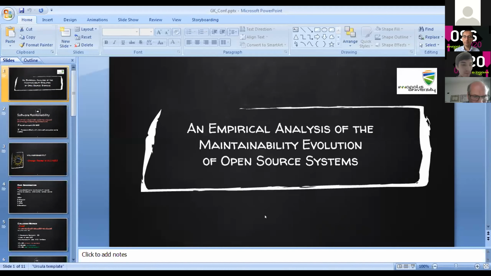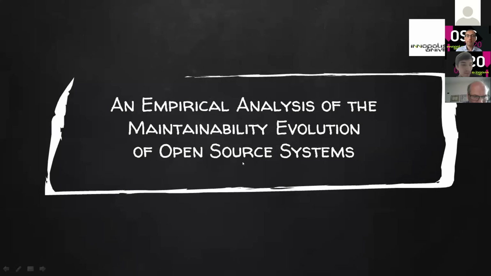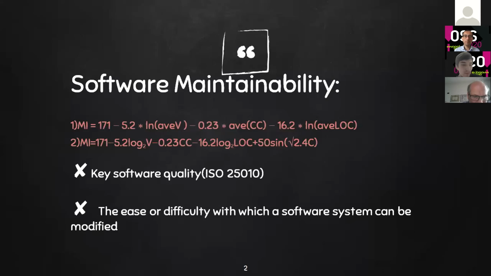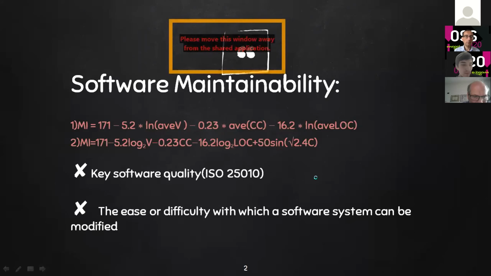The paper is about an empirical analysis of the maintainability evolution of open source systems. Software maintainability, I'm pretty sure all of you know what it is: the ease or difficulty with which a software system can be modified, and a key software quality attribute.